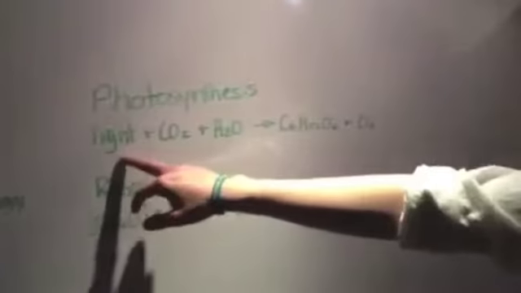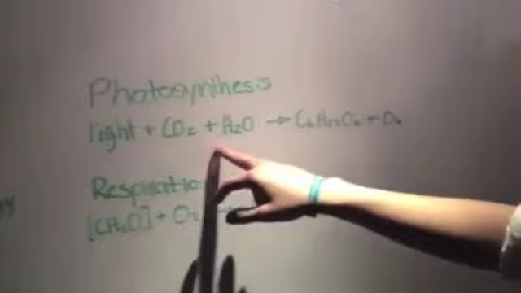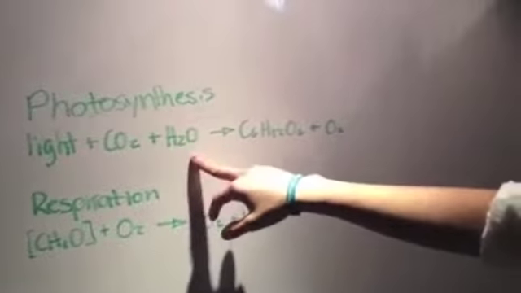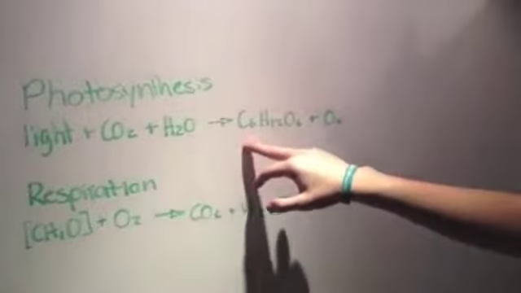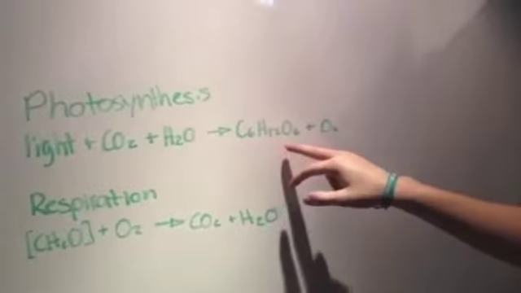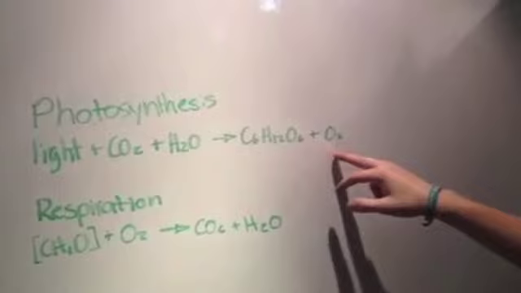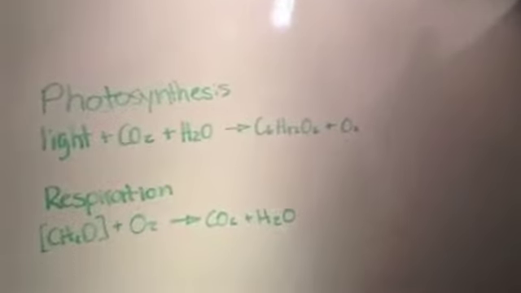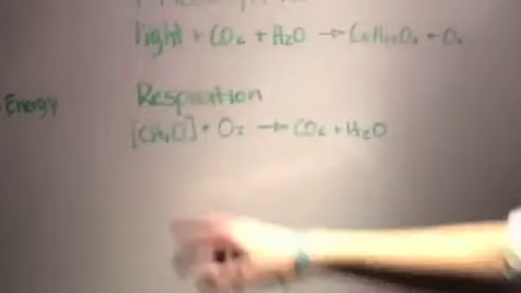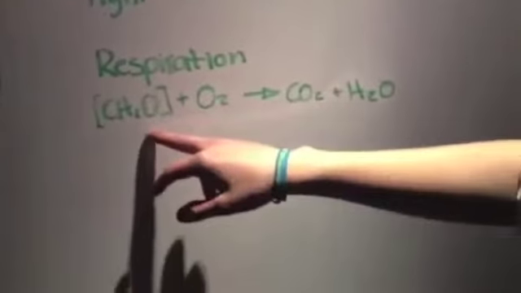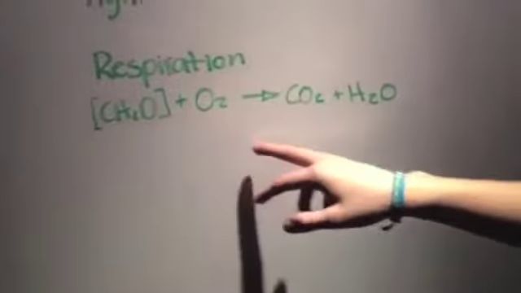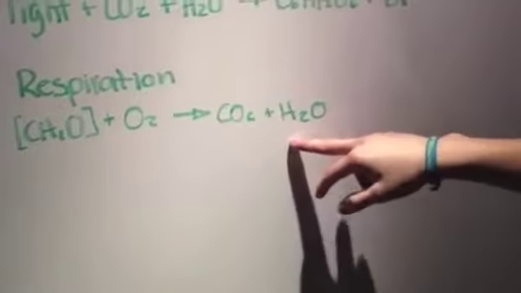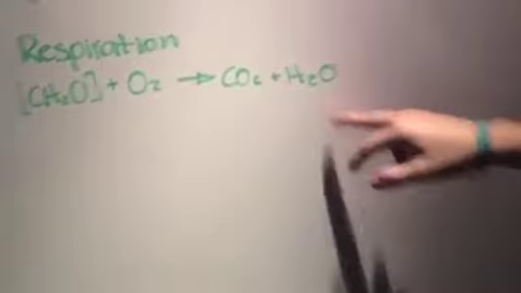Photosynthesis: light plus CO2 plus H2O produces C6H12O6 plus O2. Respiration: CH2O plus O2 produces CO2 plus H2O.